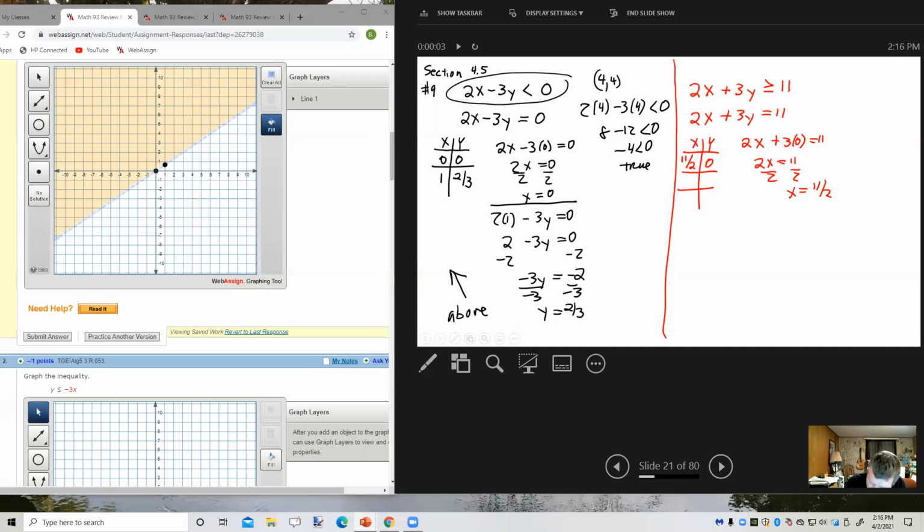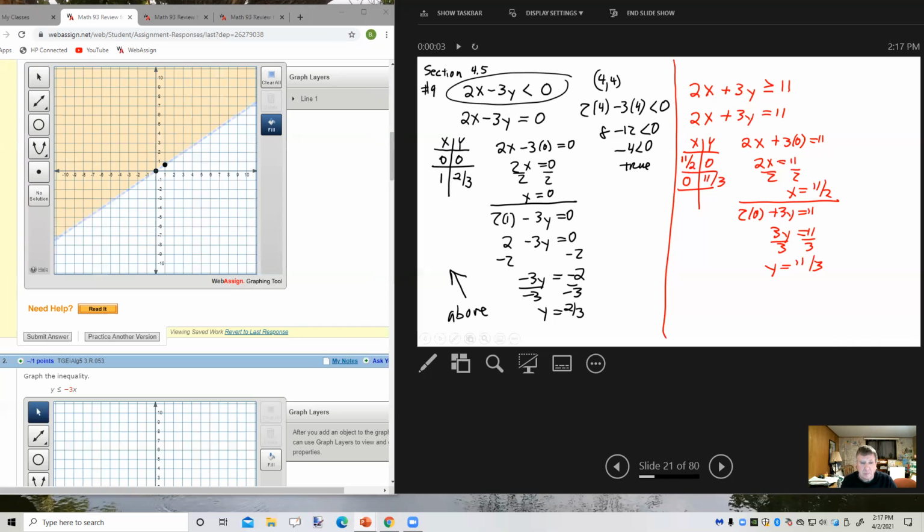All right. Now, let's go ahead and find the y-intercept. So we'll set x equal to 0, which gives us 2 times 0 plus 3y equals 11. 3y equals 11. Divide by 3, y equals 11 thirds.